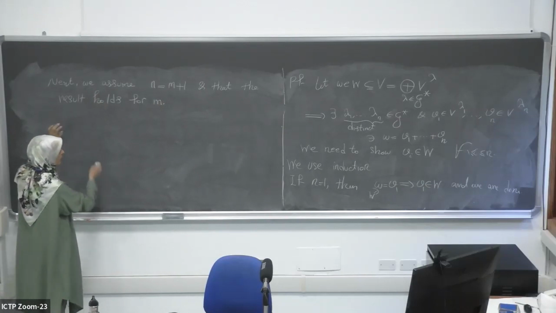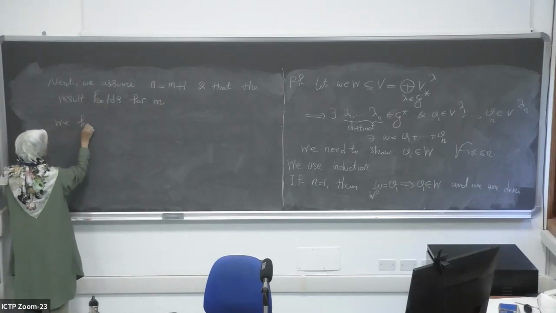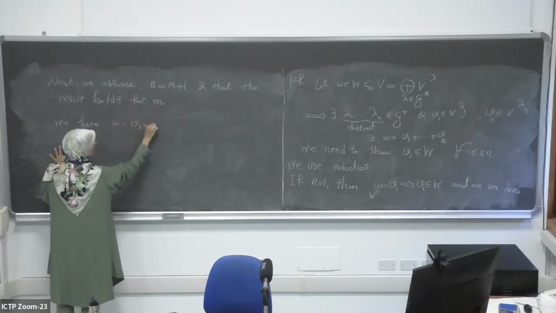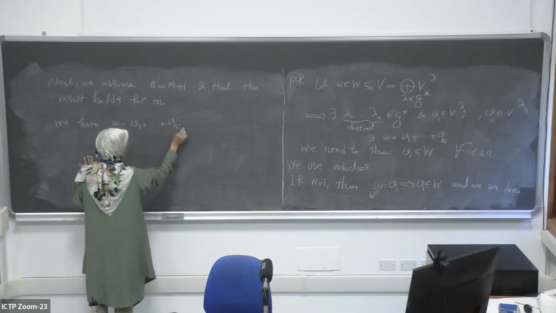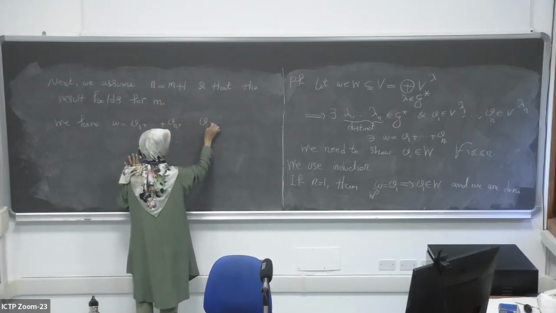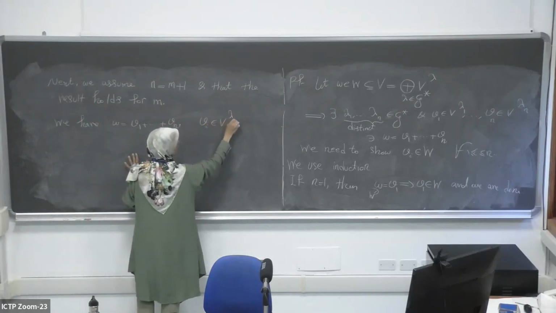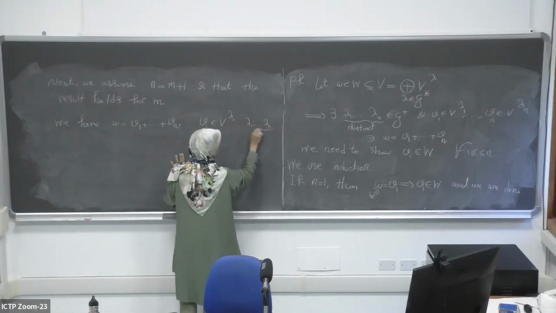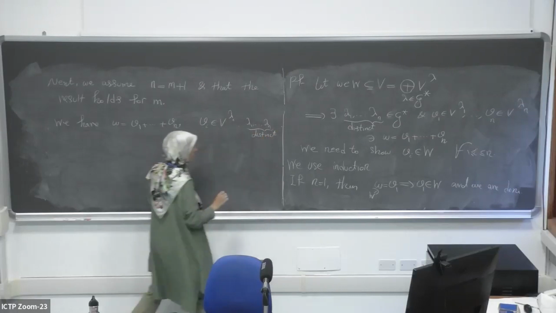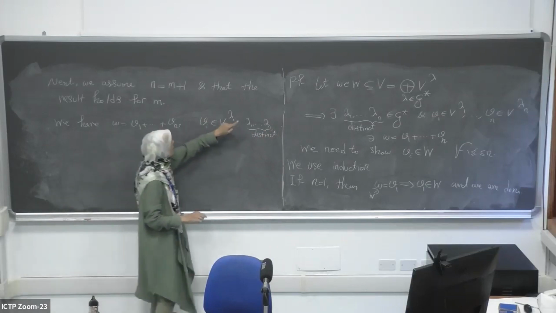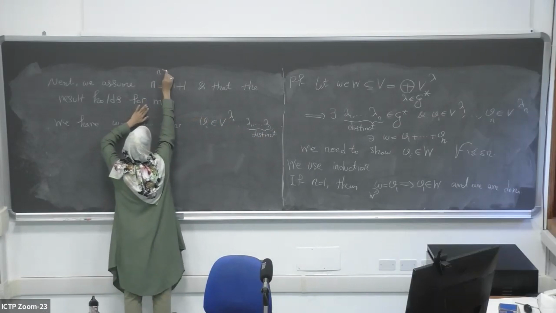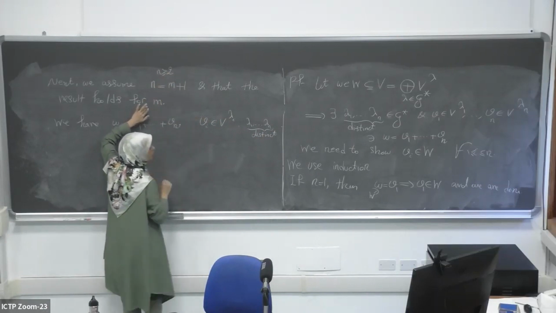Okay. We have w equals v_1 plus up to v_n. And I recall that v_i is an element of V_lambda_i, and lambda_1 up to lambda_n are distinct. Okay. And I should also mention that here clearly n is greater than or equal to 2.